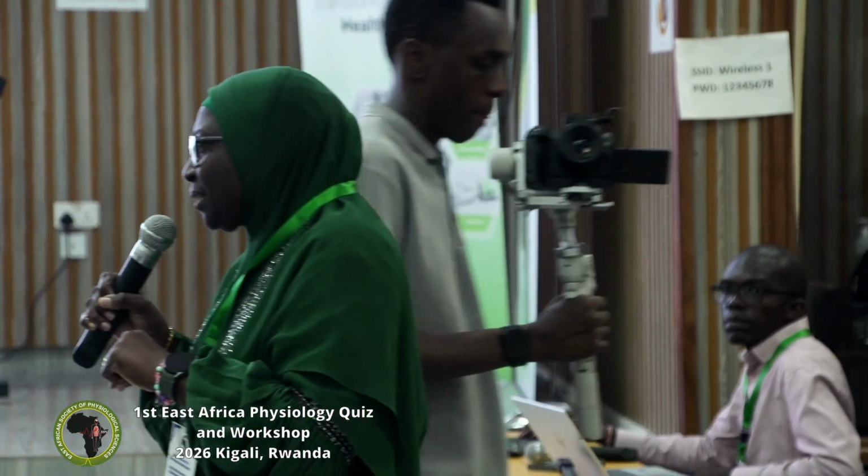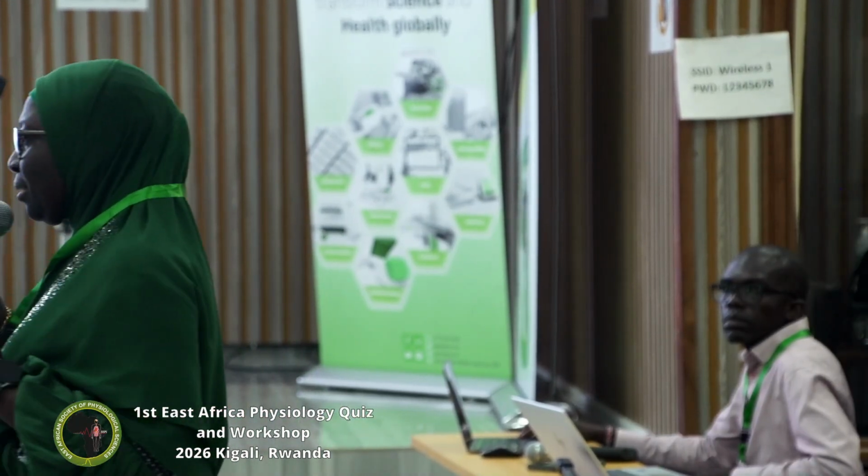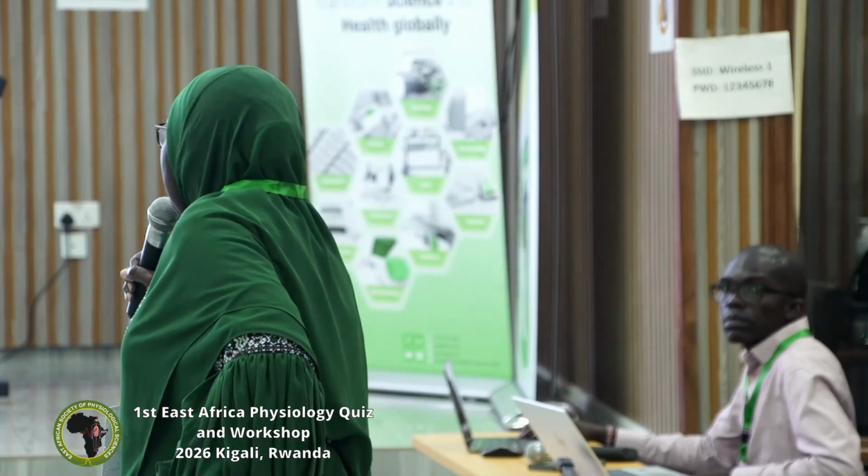Are we together? Am I making any sense? So you have to bear that in mind if you're going to be using AI in drafting your assessments. Can we go on?